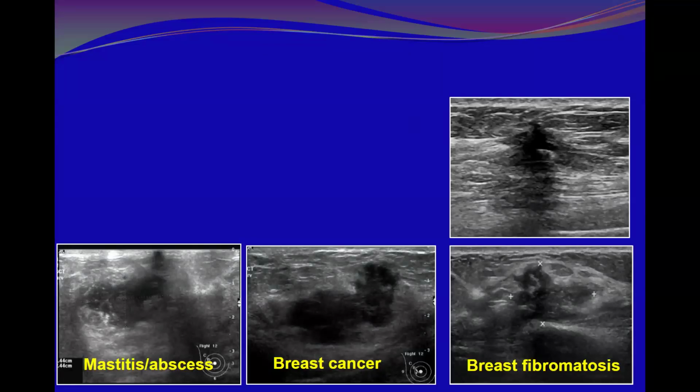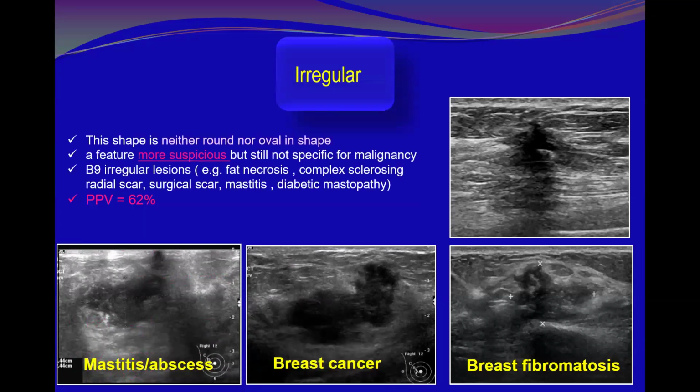What is the shape of these lesions? So obviously irregular. Obviously not oval, not round. So since it is not oval, not round, it is irregular. Yes. Okay.